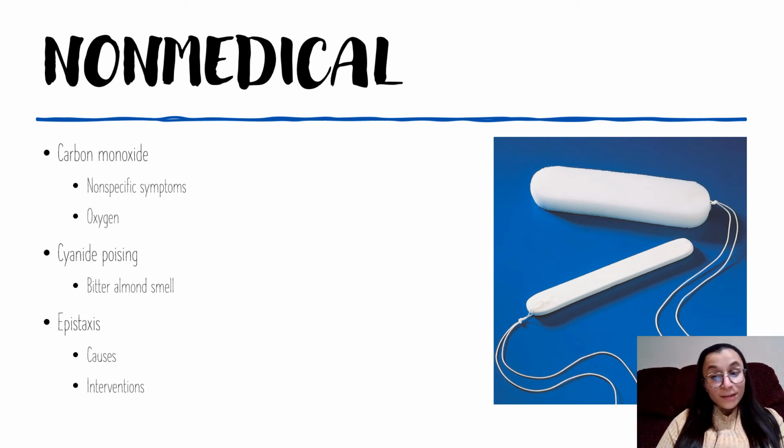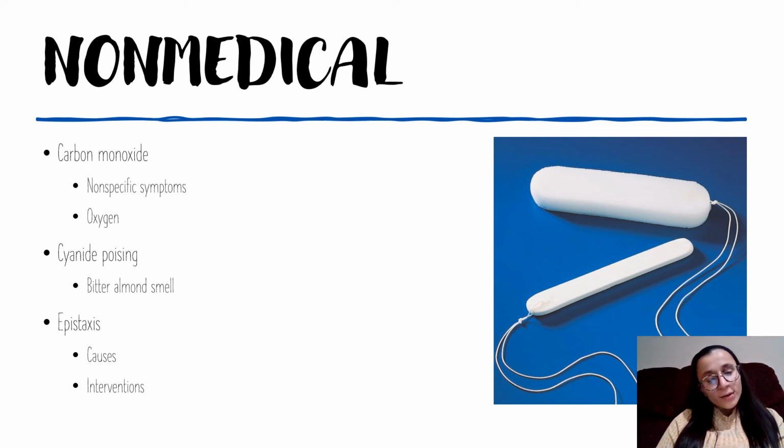Their symptoms are going to be really nonspecific, like a headache. You're going to do a diagnostic test, which is the carboxyhemoglobin test, and the priority is oxygen because it's not able to bind. So just ventilate them with oxygen.